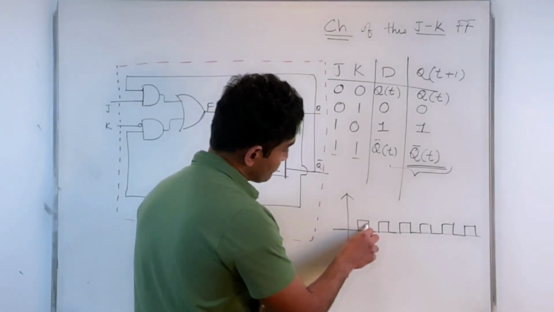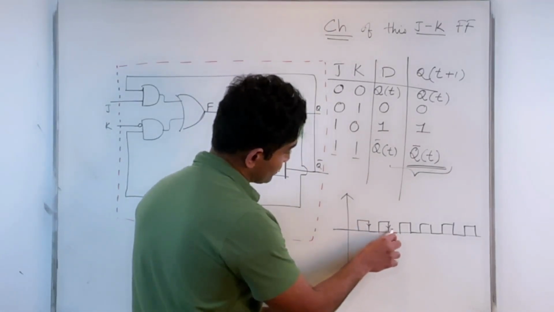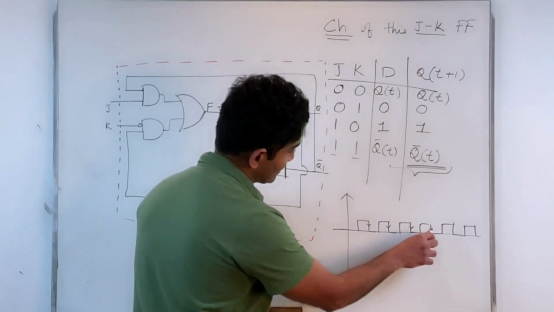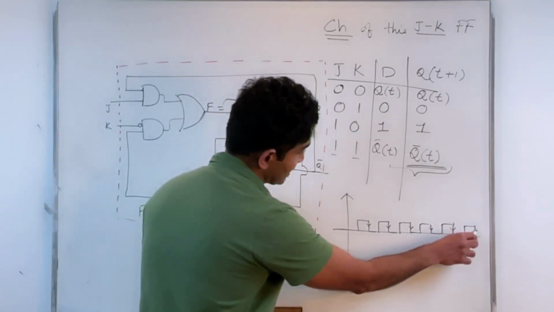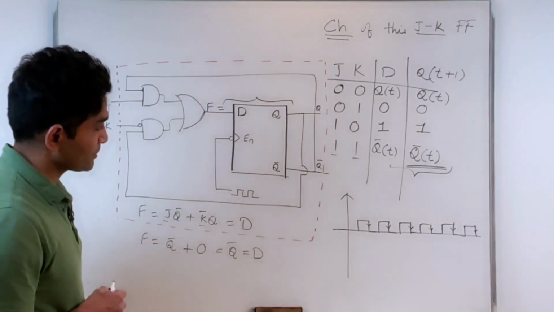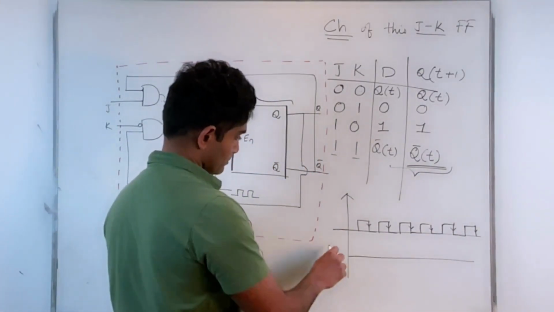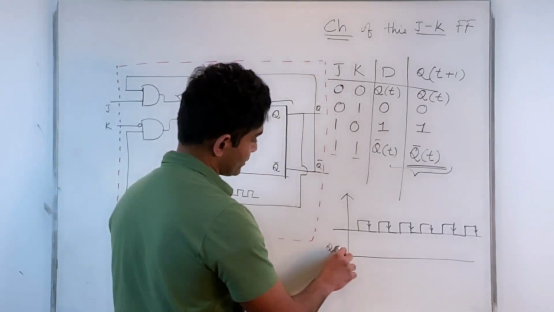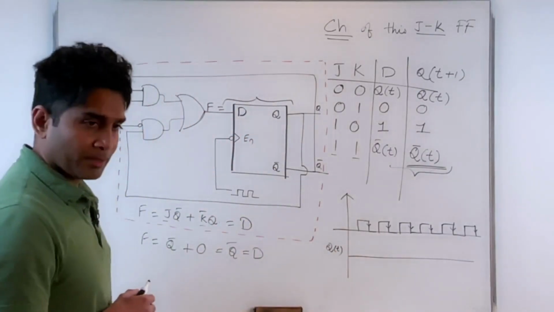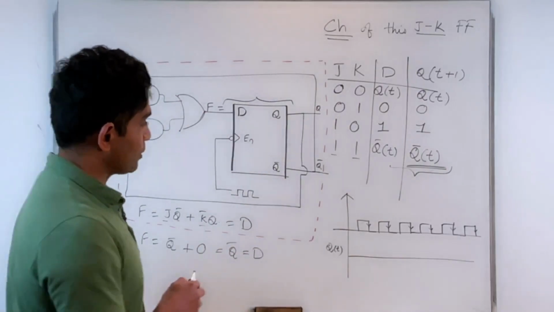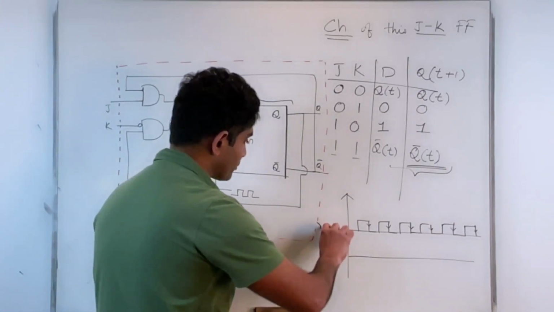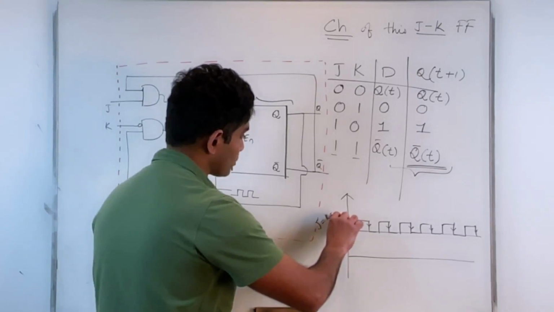These are my active edges, because this is a negative edge triggered flip-flop. Now I'm plotting my q of t here, just for the situation where j equals k equals 1.